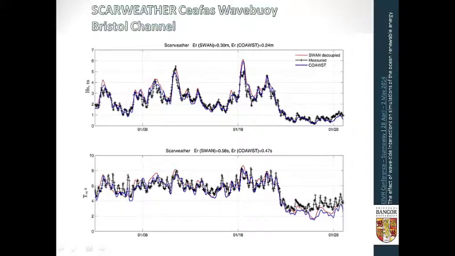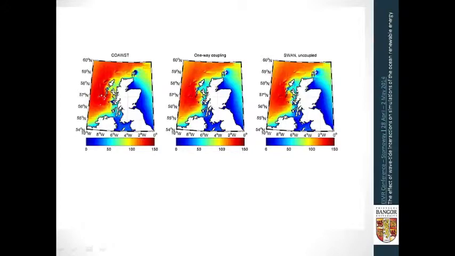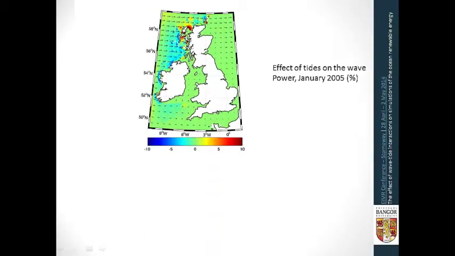If you look at the model results, you'll see that there is not much difference between the SWAN and COAWST coupled model, but if you subtract the results, you will see again, this is based on sophisticated modeling. The results are similar to what I showed you based on linear wave theory.